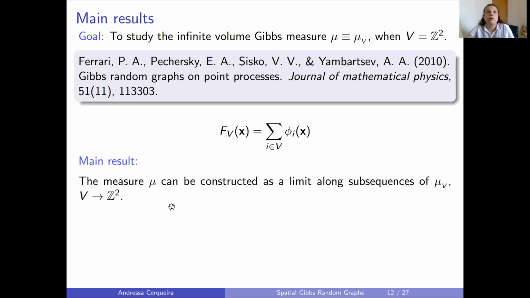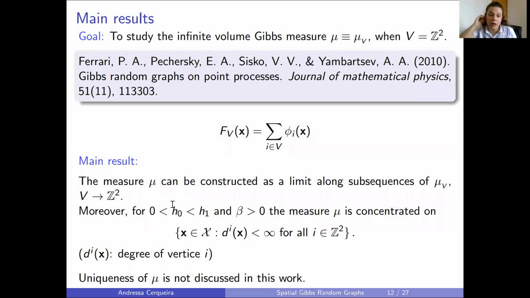So we can think that we can have a vertex connected to an infinite number of vertices, right? But what's interesting here is that the authors prove that actually this measure mu, the infinite measure, is concentrated on the set of all graphs with finite degree. So we can guarantee that here all the vertices have a finite degree.